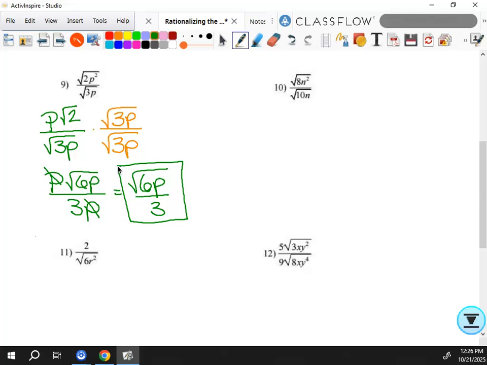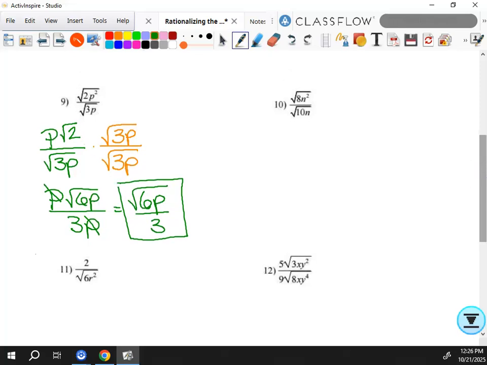Okay, on number 10, can I simplify first? Yes, I can simplify not only the n, but the 8. So if I'm going to do my tree above it, just so I don't have to rewrite stuff, 8 can be 4 and 2, and then 4 can be 2 and 2. Right?